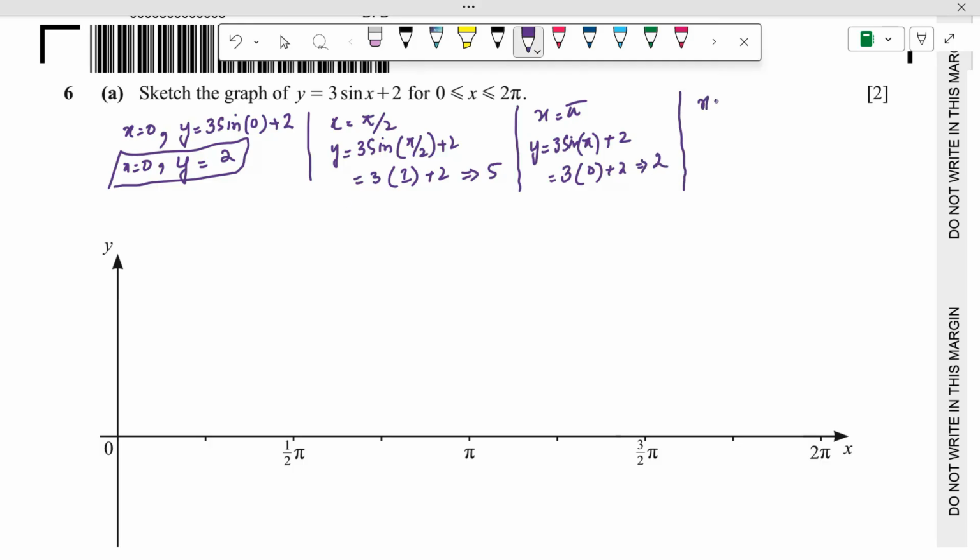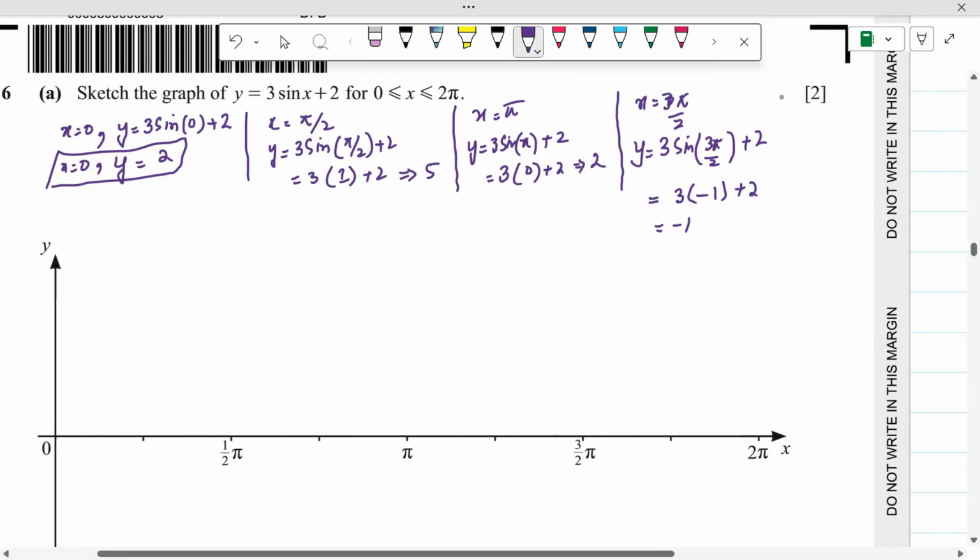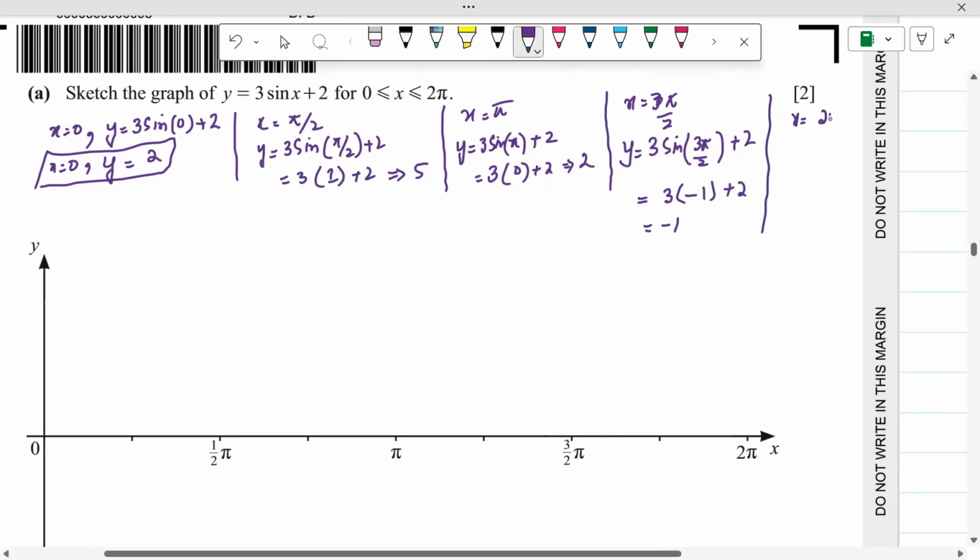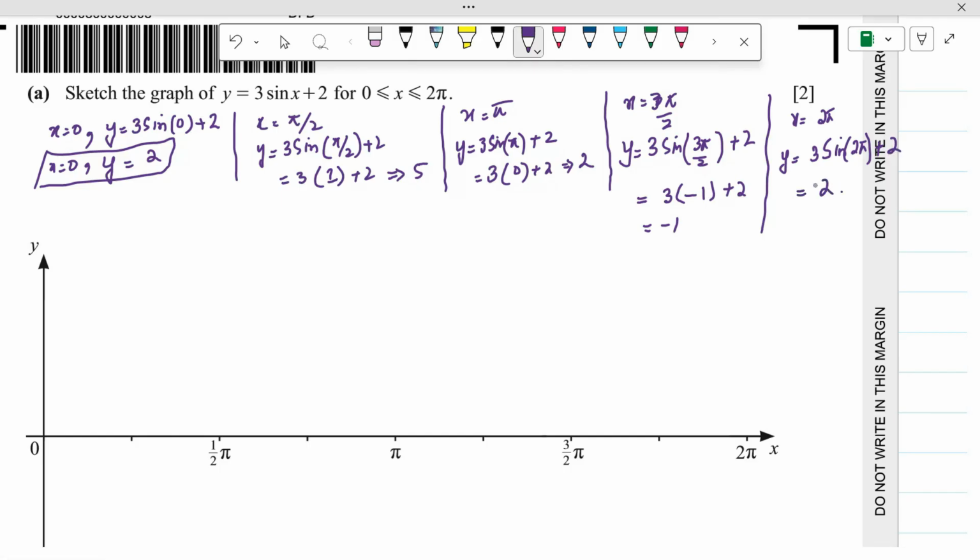And when x is equal to 3 pi by 2, y is equal to 3 sine of 3 pi by 2 plus 2, and in this case sine of 3 pi by 2 is negative 1, so this is equal to negative 1. When x is equal to 2 pi, y is equal to 3 sine of 2 pi plus 2, which is equal to 2, because sine of 2 pi is also 0.